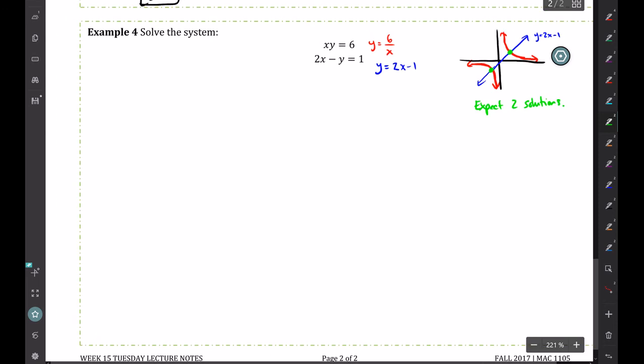Okay, so step 1, I'm going to solve for y. And 2x minus y equals 1. So I get y equals 2x minus 1. And then step 2, I'm going to plug that into the other equation.